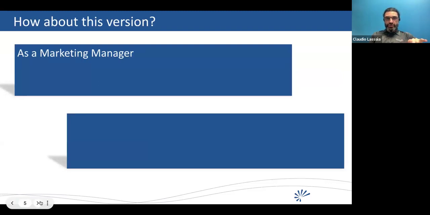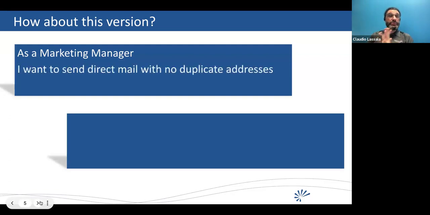As a marketing manager, okay, now we can picture a person who plays a specific role, to whom implementing the outcome of this story will bring some value. I want to send direct mail with no duplicate addresses, right? So instead of talking about rows in a table in some database, we're talking about business concepts, real world concepts.